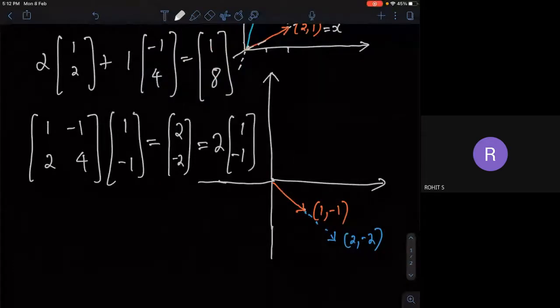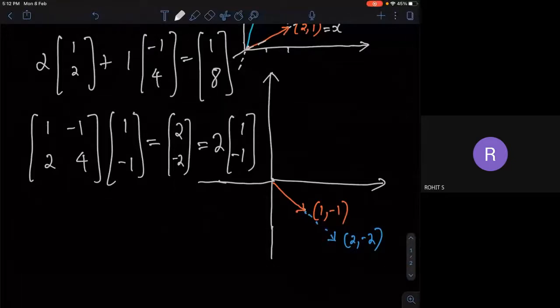So it's in the same direction as this 1, minus 1, and that's the most important factor I was looking at. Once again, what am I interested in? I am interested in finding that particular vector such that when A is multiplied with it, the direction won't change.